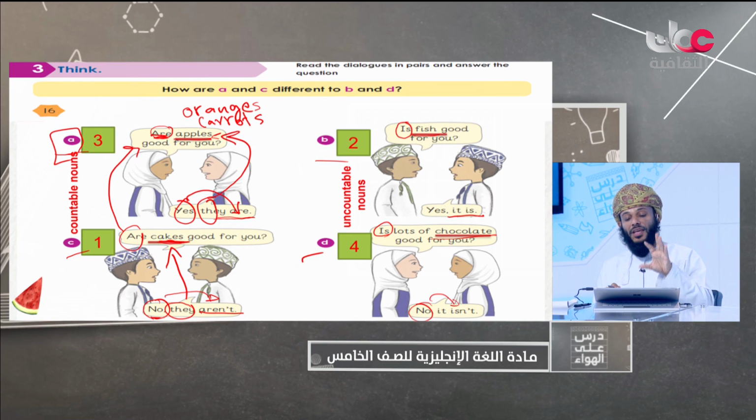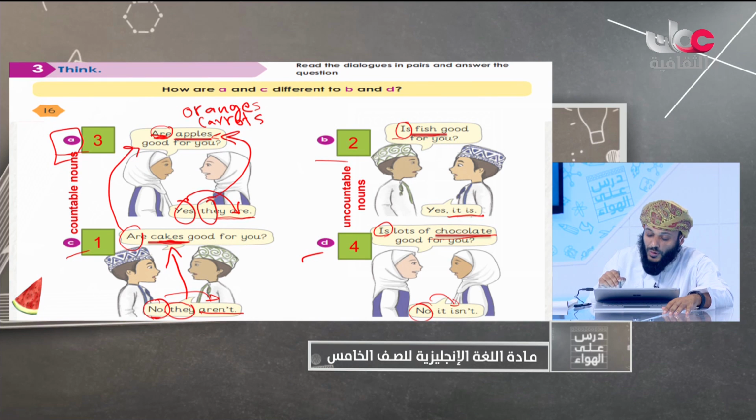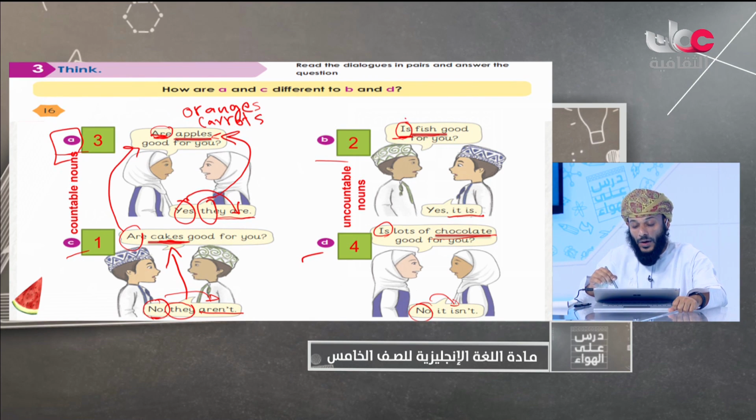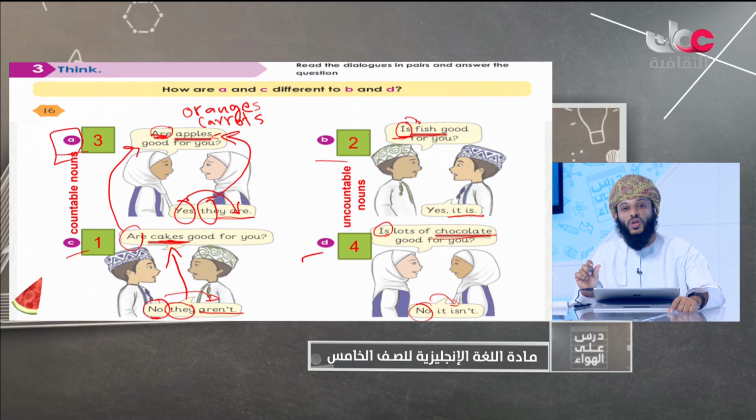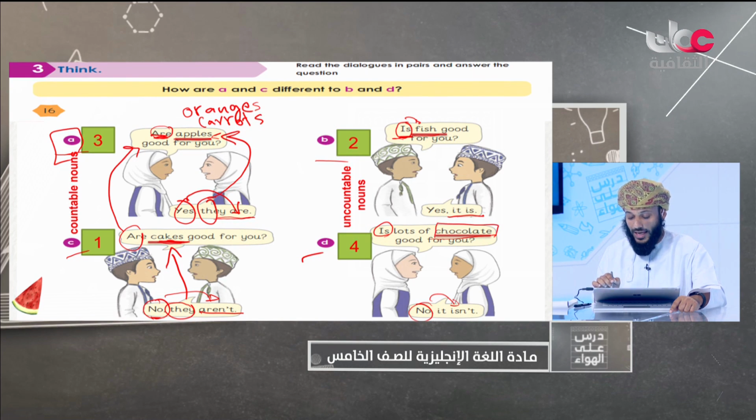Now, if we have these uncountable nouns, we have to start our question by saying is, then the noun. Is fish good for you? Is lots of chocolate good for you? Because chocolate is uncountable, we have to say is.